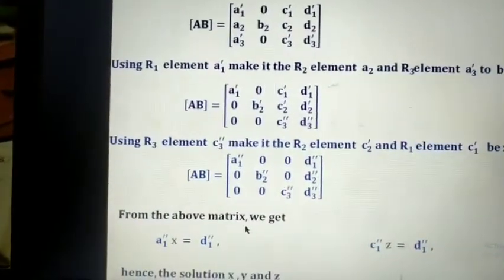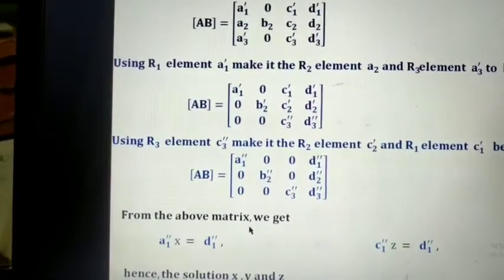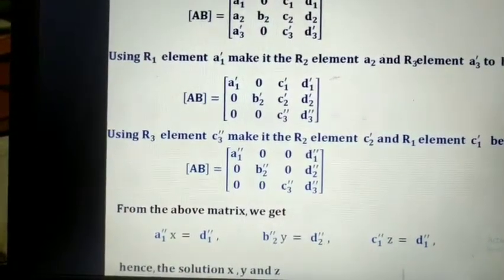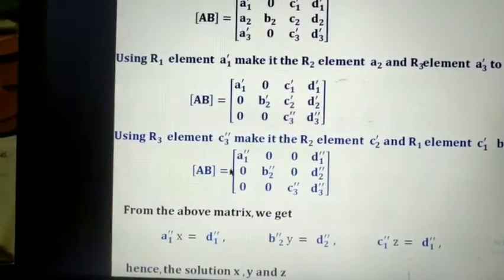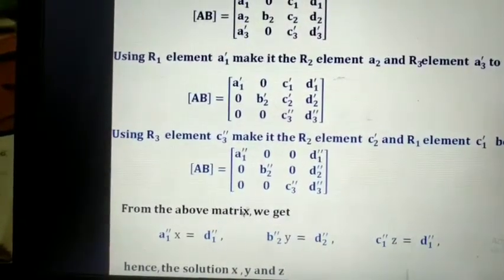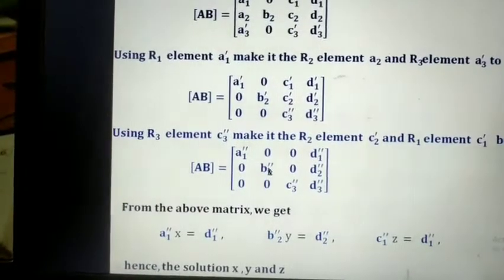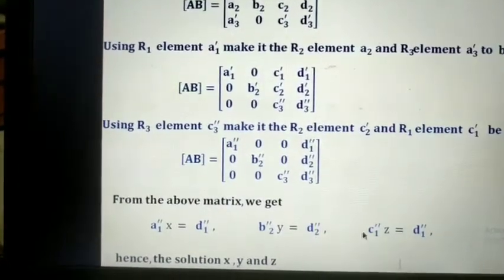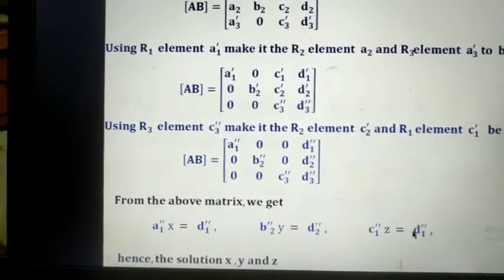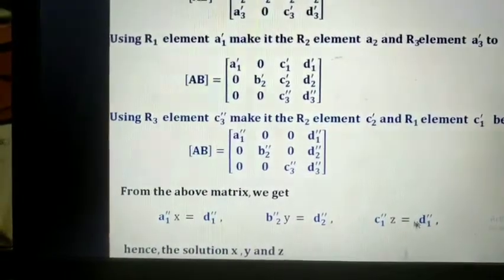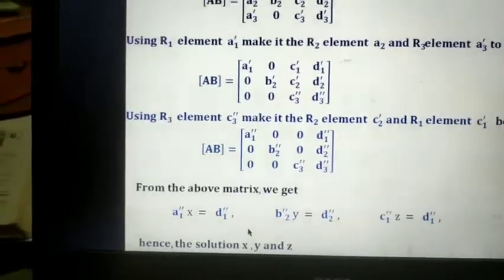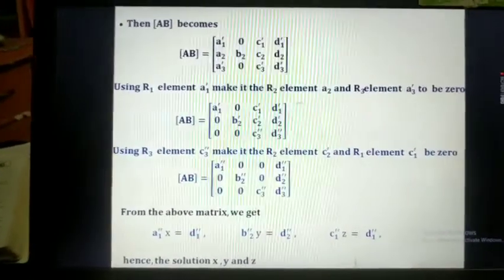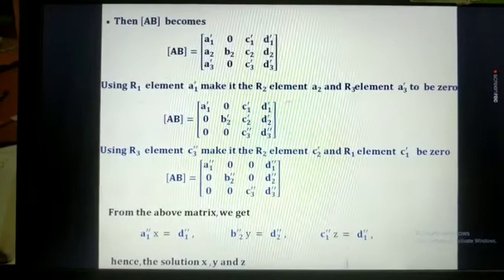From the above matrix, we get A1 double dash X equal to D1 double dash, B2 double dash Y equal to D2 double dash, C3 double dash Z equal to D3 double dash. With the help of this, we get the solutions of X, Y, Z. So this is the Gauss-Jordan method for finding the values of X, Y, Z.